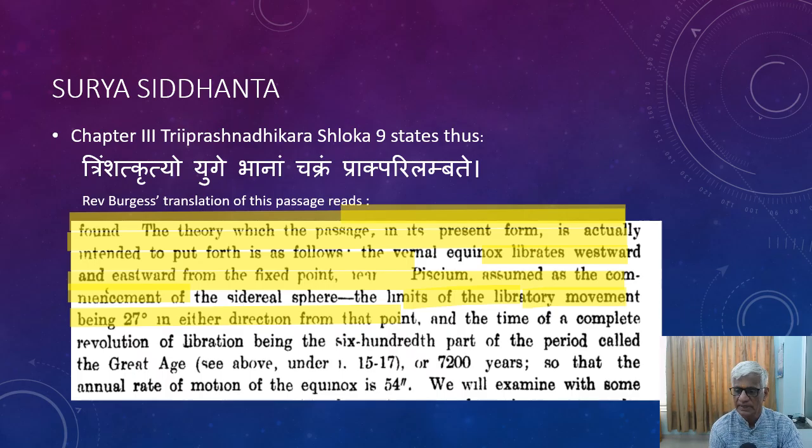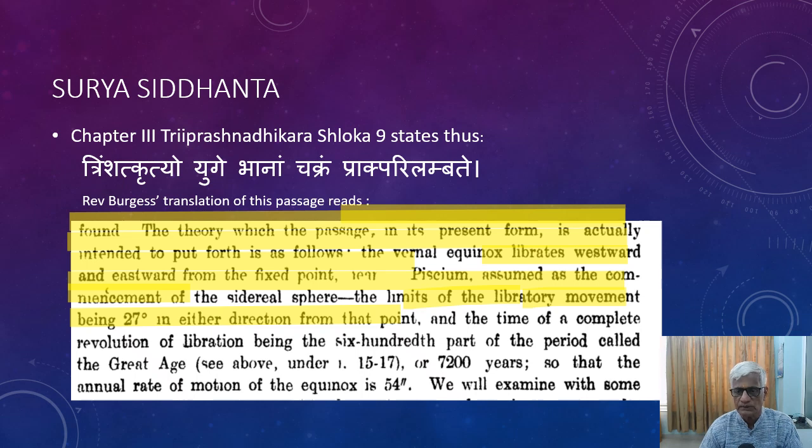He finds many flaws in the theories propounded by the Indian astronomers. So that is why he says the theory which the passage in its present form is actually intended to put forth. He is not actually believing what it says, but he says that his translation is like this.